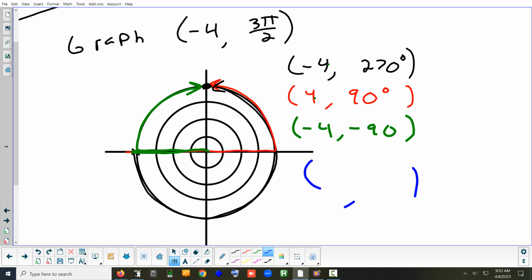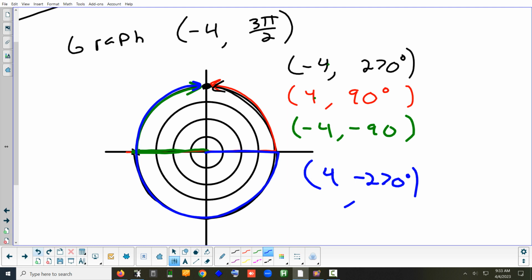Let's see, I have 2 going that way. Actually, let's do it this way. Go right, and then go that way. What would that blue one be? Yep. 4, -270.